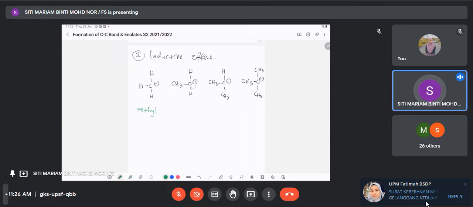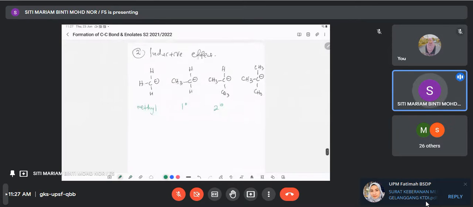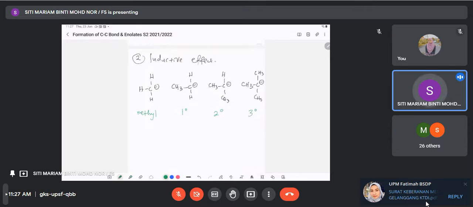The second structure here, because this carbanion is bonded to only 1 alkyl group, is a primary carbanion. The third structure here, this carbanion is bonded to 2 alkyl groups, so this is the secondary class of carbanion. And then the last structure is the tertiary class. It's the same as a carbocation, the definition or the classification, either primary, secondary, or tertiary.